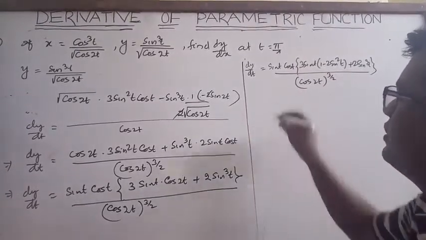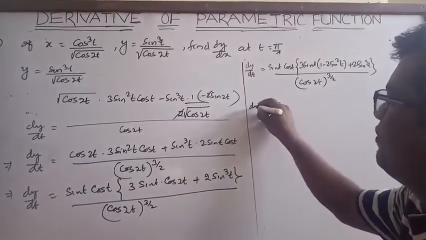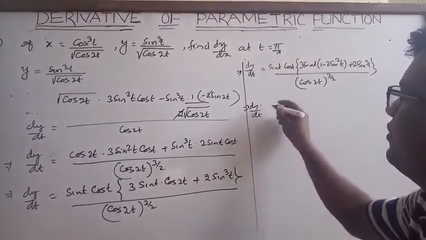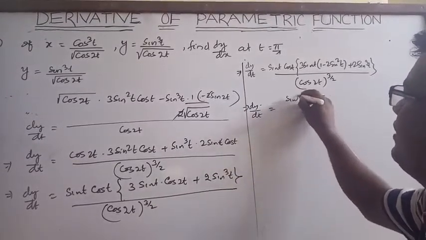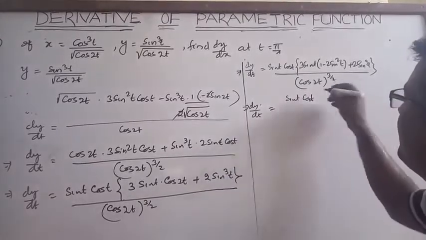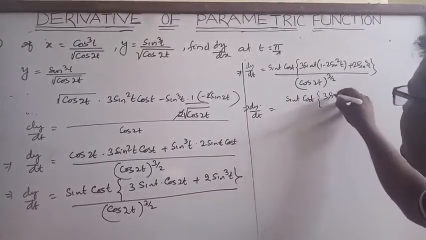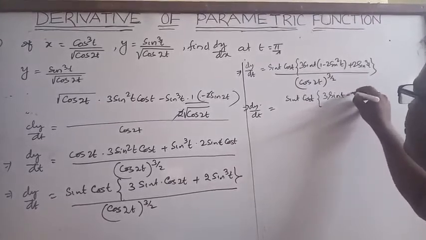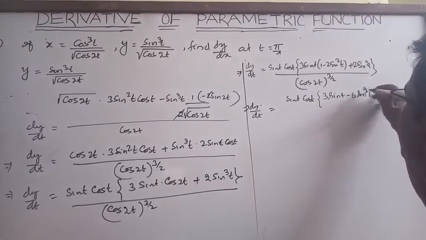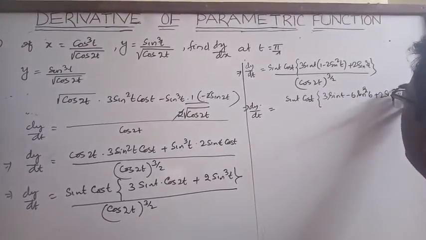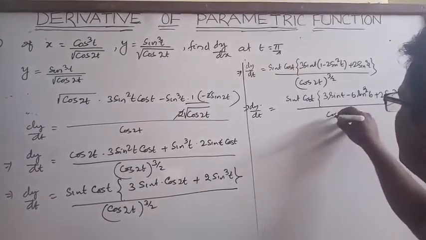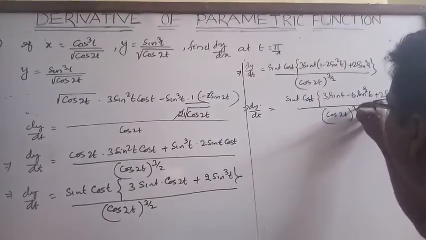Now dy by dt is equal to sin t into cos t into what? Multiply this: 3 sin t minus 6 sin cube t plus 2 sin cube t, divided by cos 2t power 3 by 2.